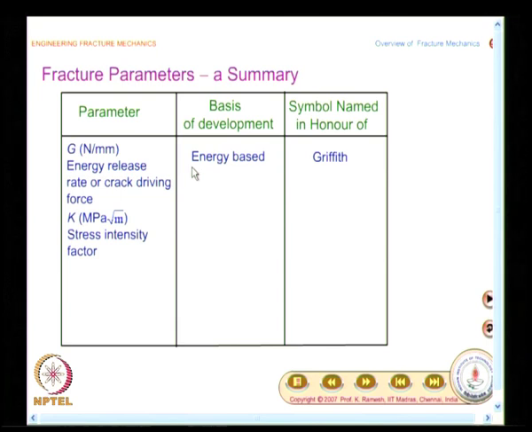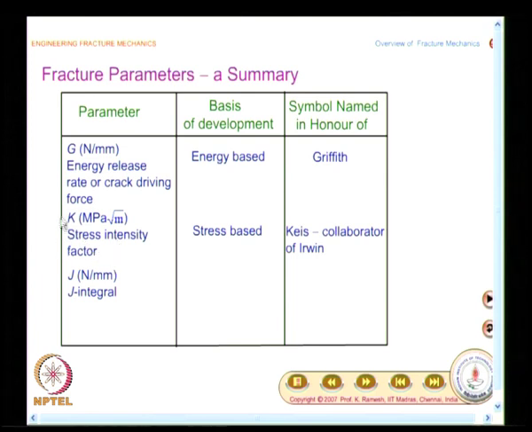And fracture mechanics was made useful to society, and people realized that they could find out a useful parameter. That was initiated by Irwin, who coined a parameter called K, which is labeled as stress intensity factor.